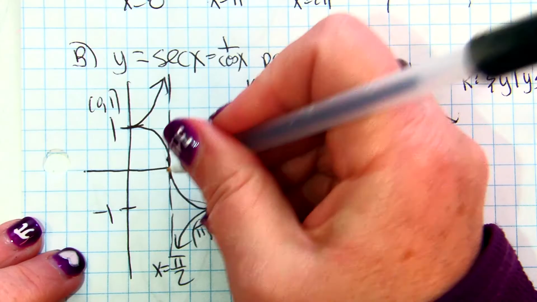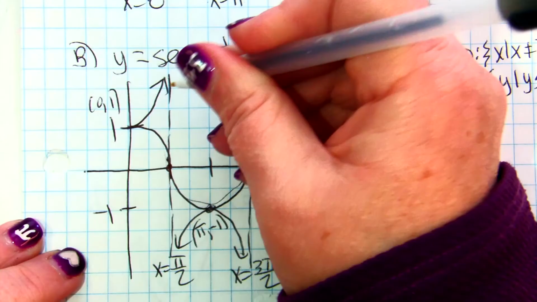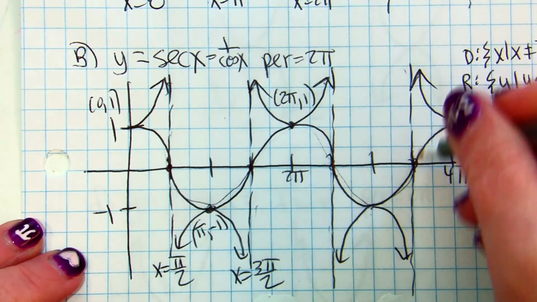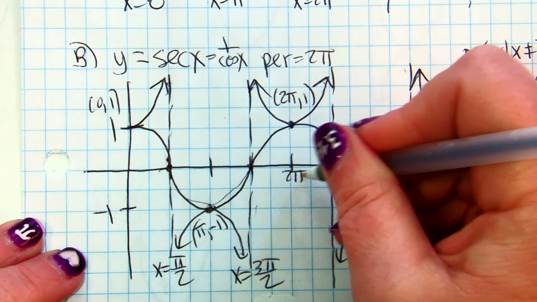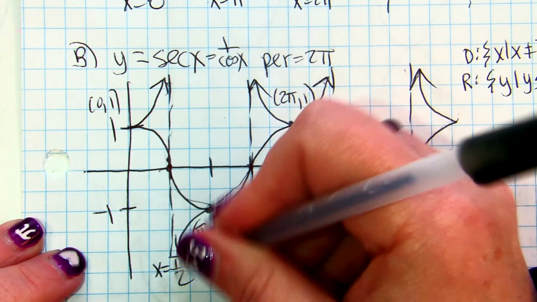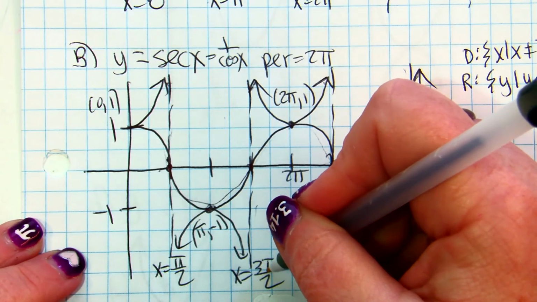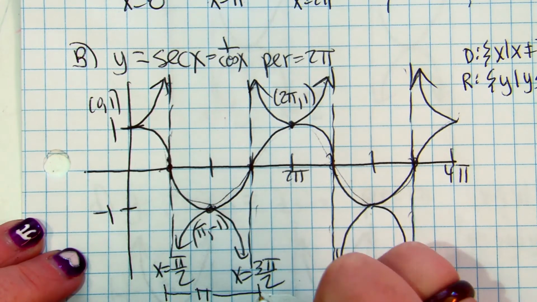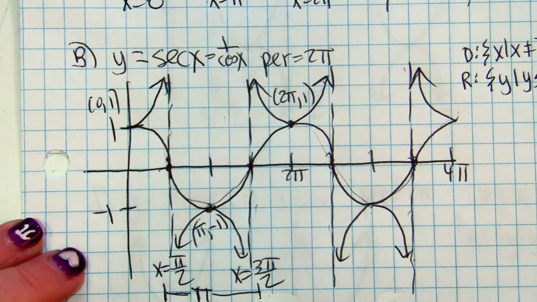We find where the zeros are. That's where we draw our asymptotes. And the way you figure out where they are is this is 1/4 of 2 pi, so it's at pi over 2, and then the next one's at 3 pi over 2, and the distance between them is pi, half the period.